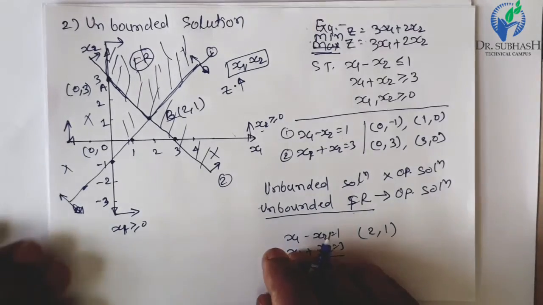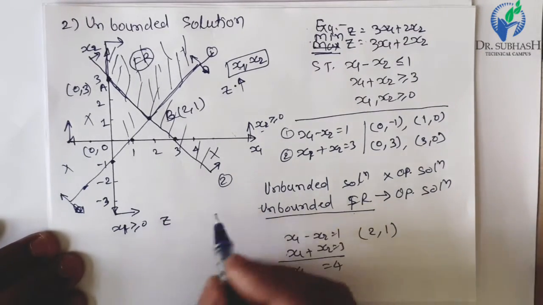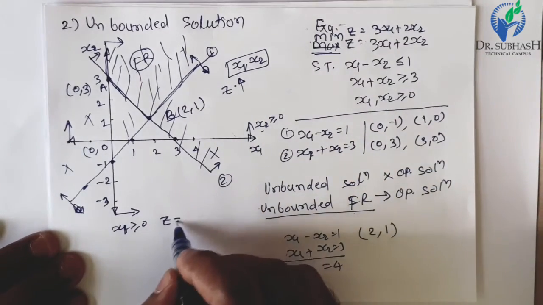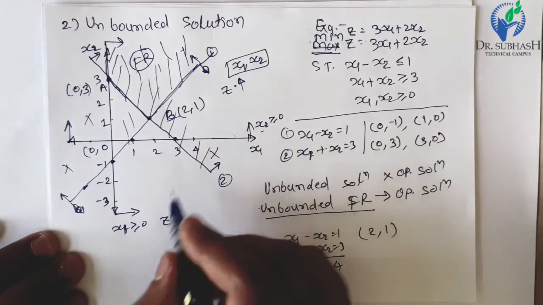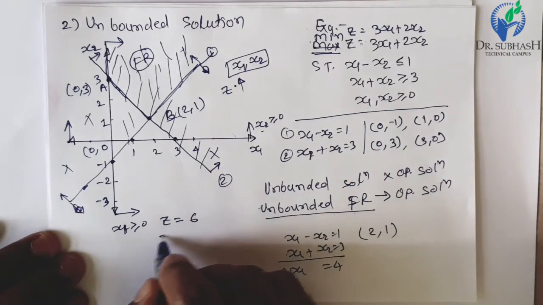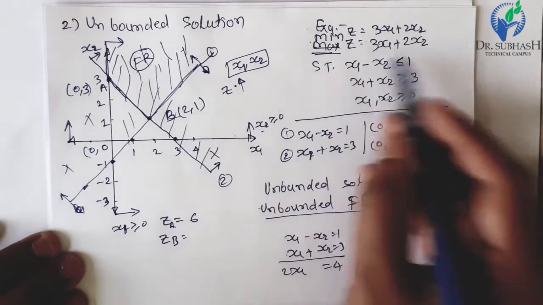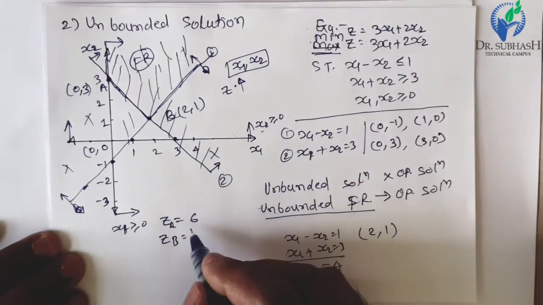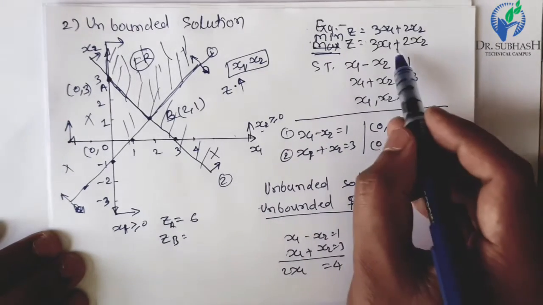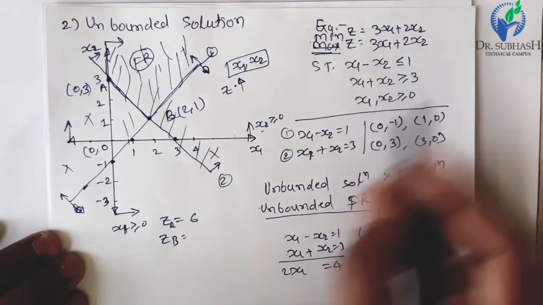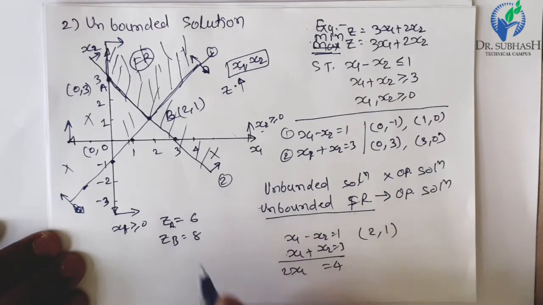So in this case, if you calculate the value of z at A, it is equal to 3 into 0 plus 2 into 3, which is 6, and the value of z at B, which is 2 and 1, is 3 times 2, 6, plus 2 times 1, so it is equal to 8.